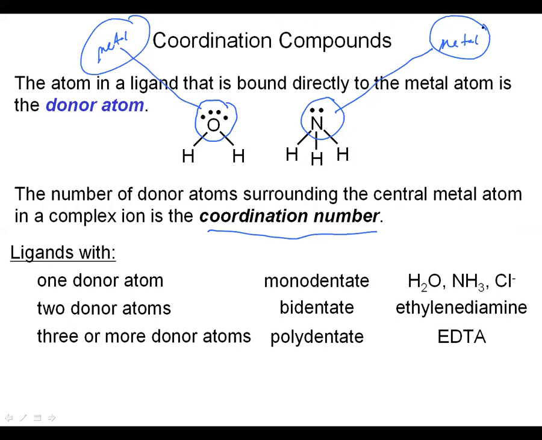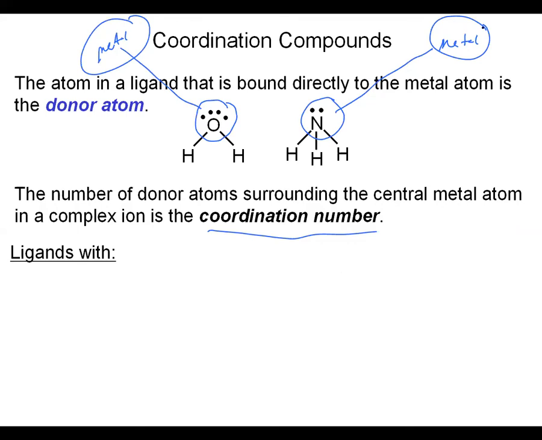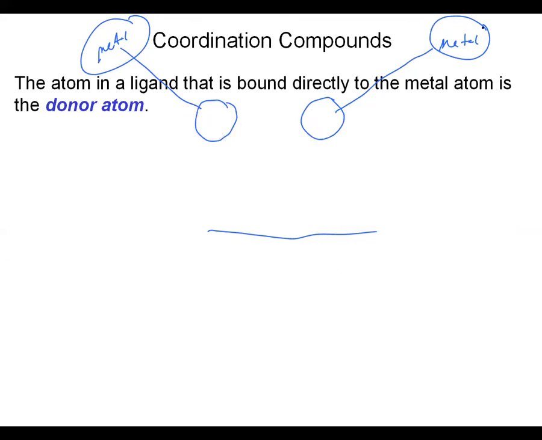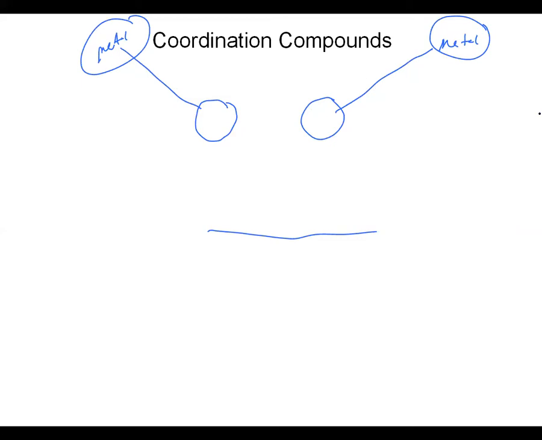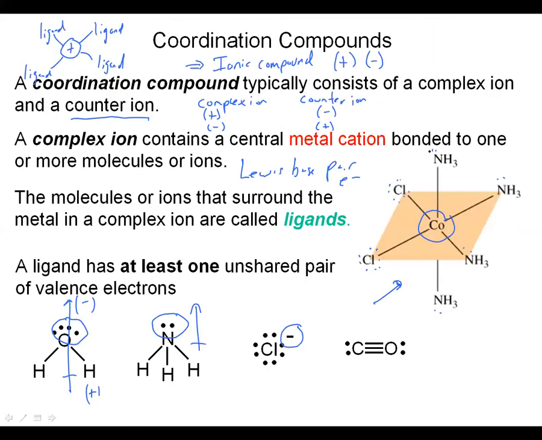So if we go back and look at our guy here, the Cl minus is monodentate. So we have 1, 2, 3, 4, 5, and 6 atoms directly bonded, as NH3 is also monodentate.